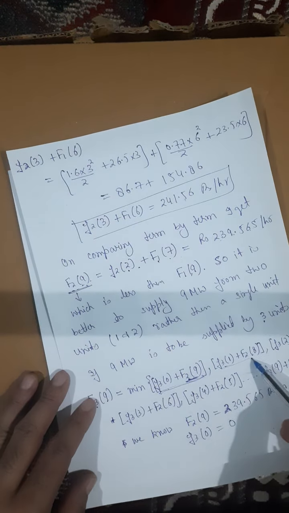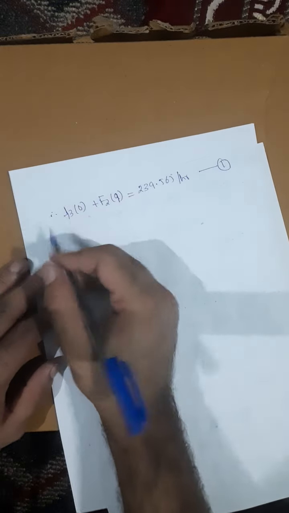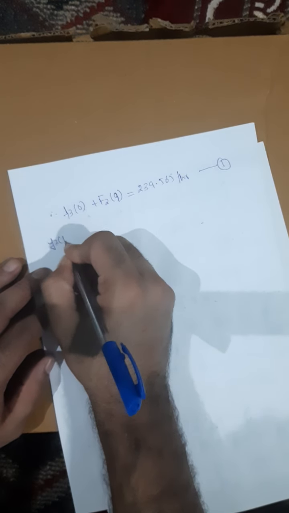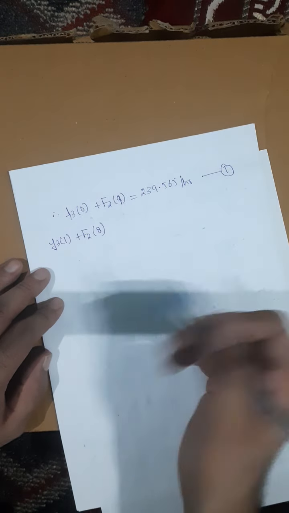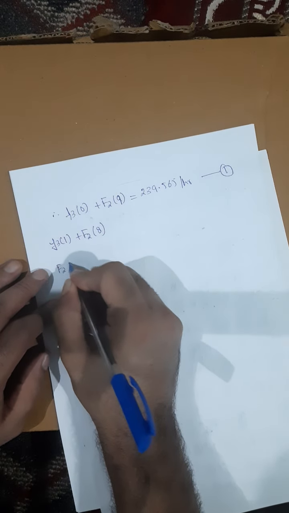Now I am looking for the second option, F31 plus F28. For that I need F28, the minimum combination.